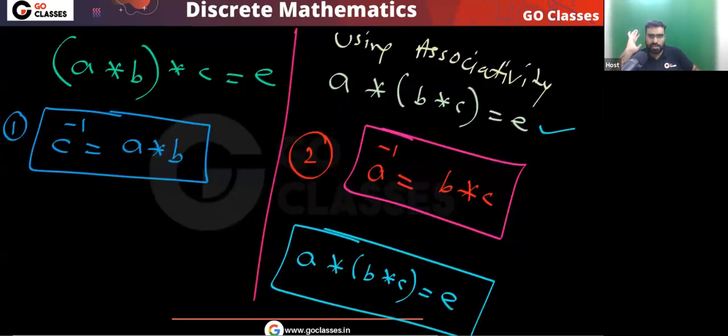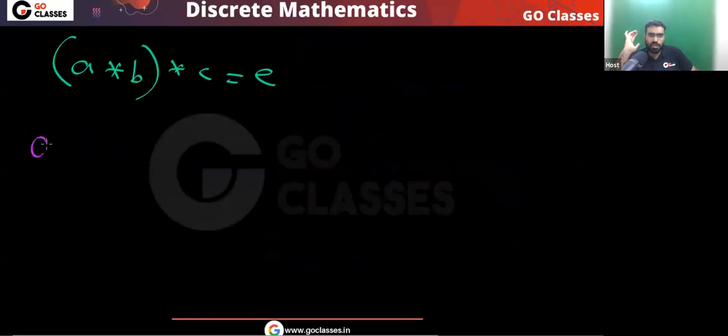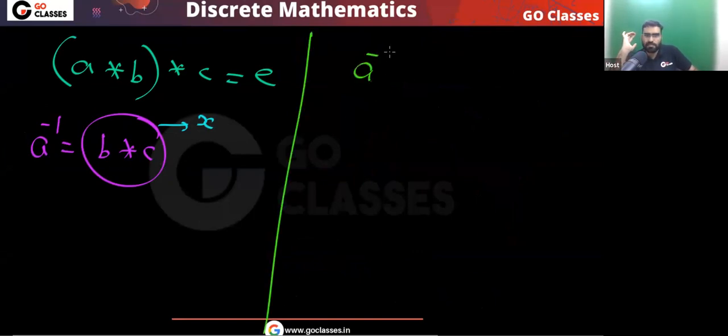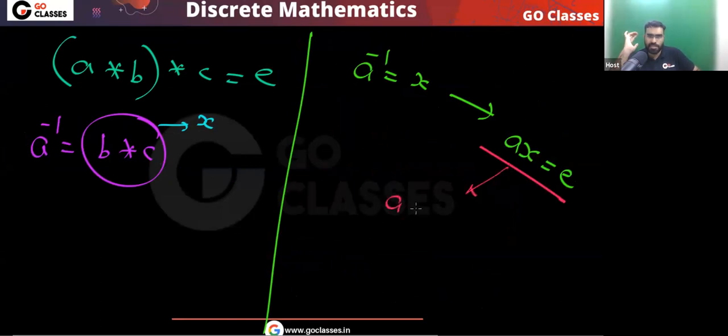We already know that A inverse is B star C. Let's call it X. So A inverse is X. What does that mean? That means AX is equal to E, and X is B star C. Or I can also say XA is equal to E.